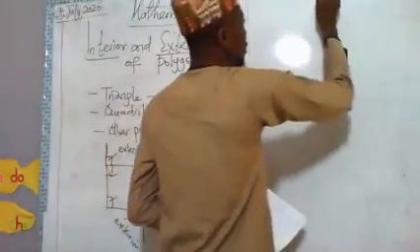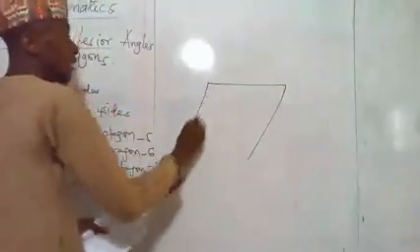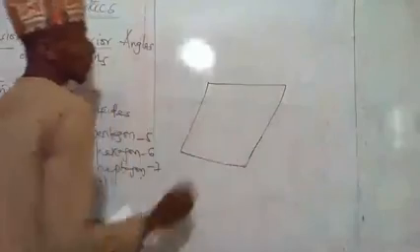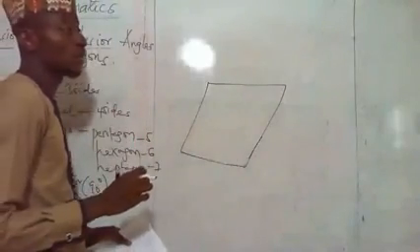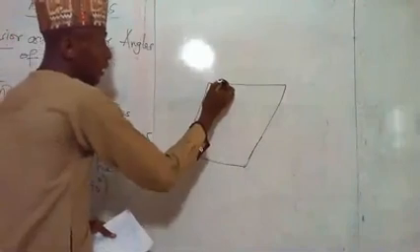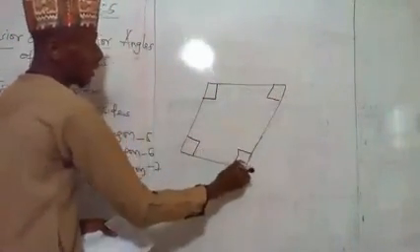Okay, let me redraw this. Let me take this as an example. This is a rhombus. I want to explain exterior and interior angles in a rhombus. The angles that are inside here are called interior angles.